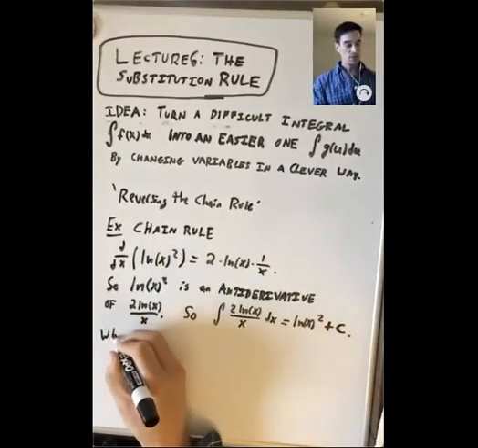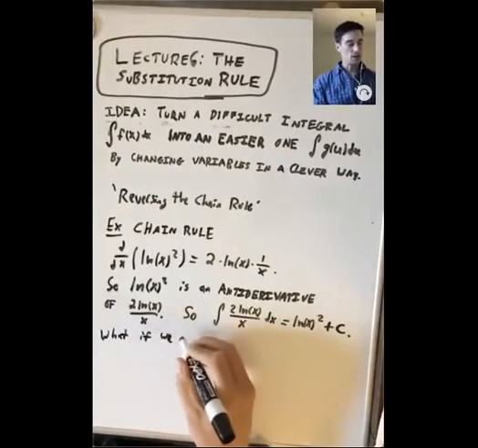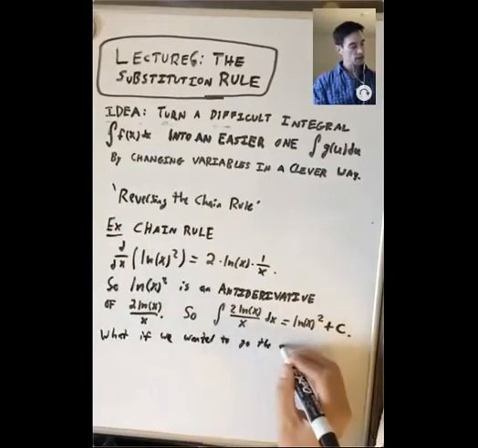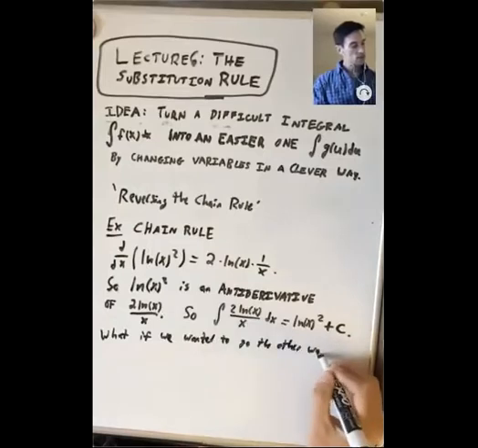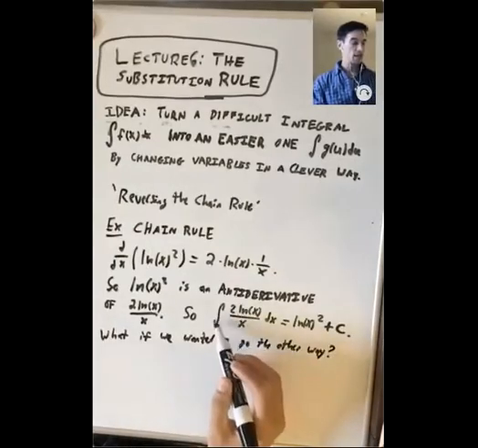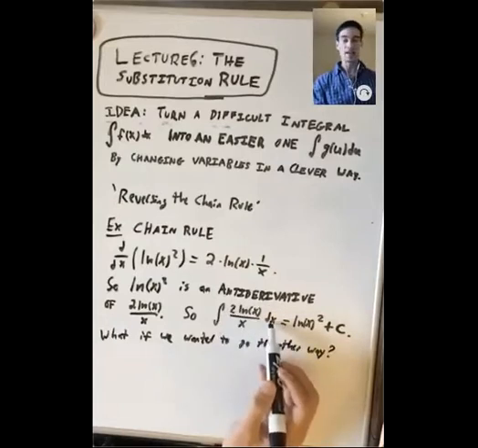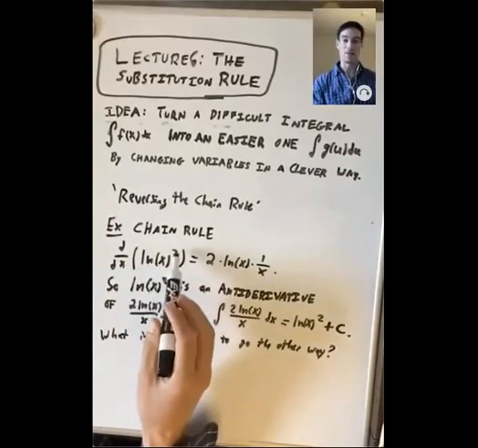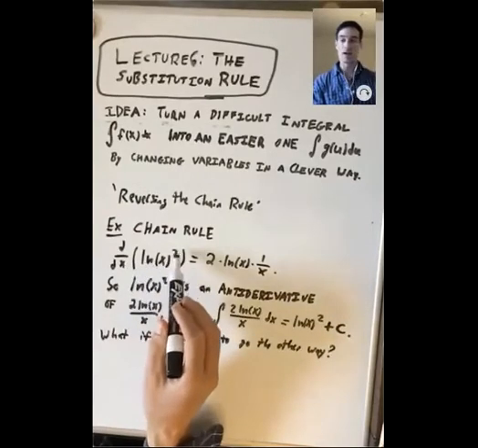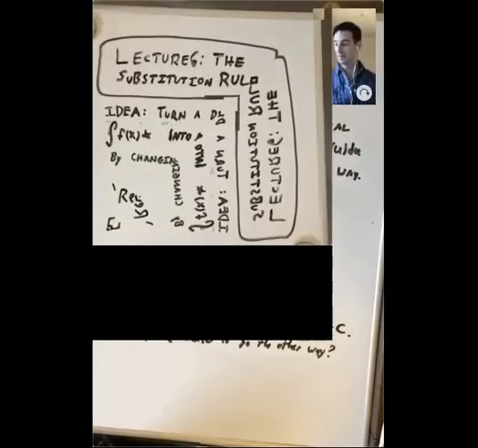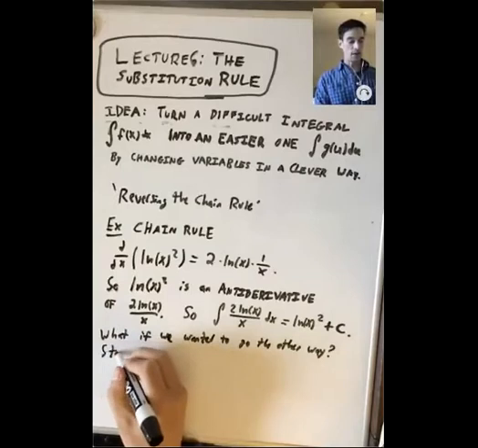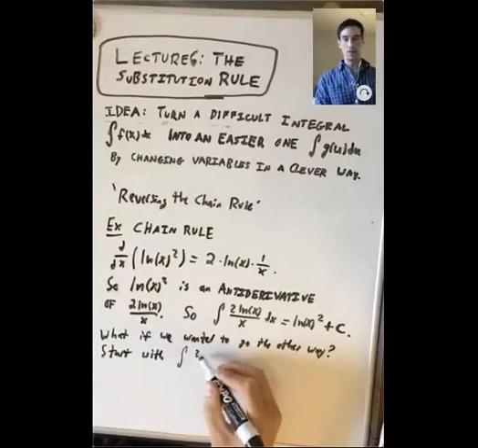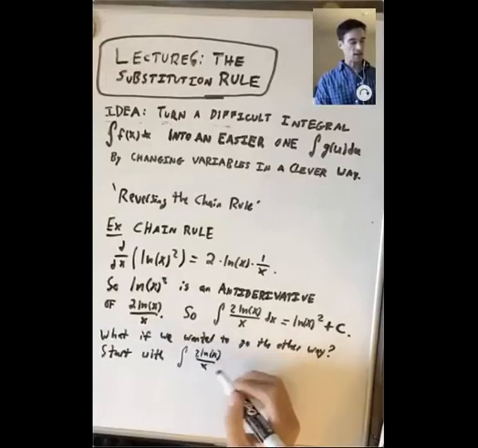And the main question is, what if we wanted to go the other way? What do I mean, go the other way? Well, maybe you start with a function like 2 natural log of x over x dx, and no one tells you ahead of time that you should check the derivative of ln of x squared. How do you know that ln of x squared is the right function to consider? What if we start with the integral of 2 ln x over x dx?